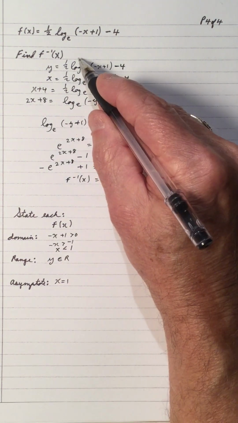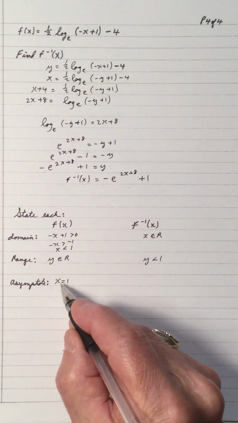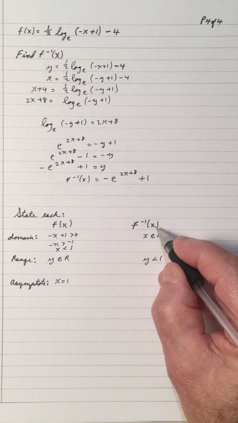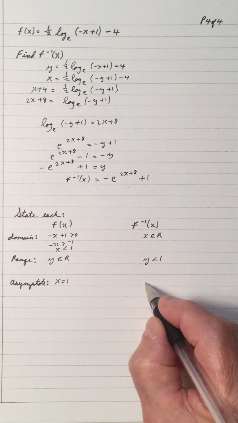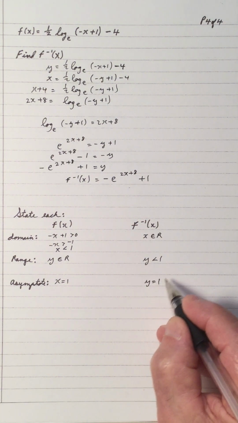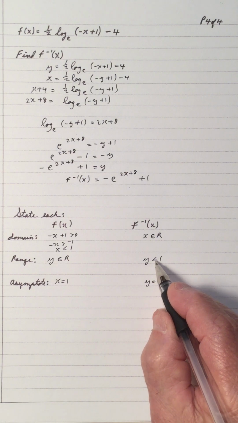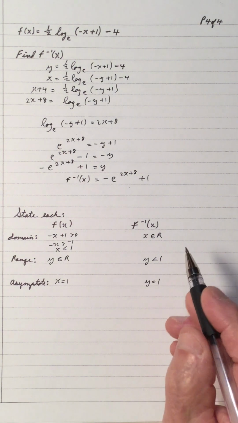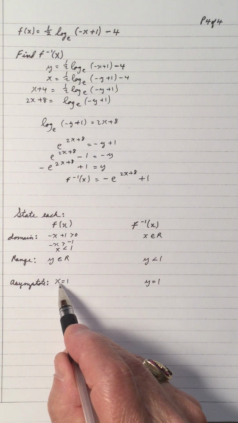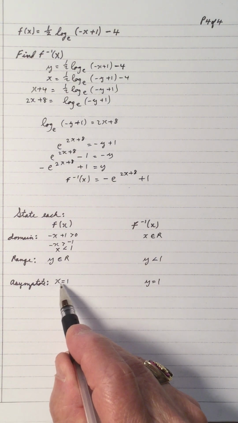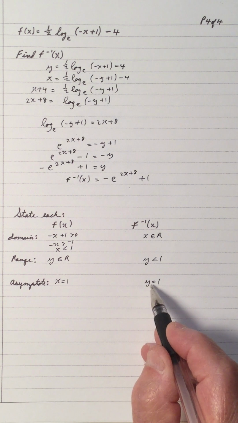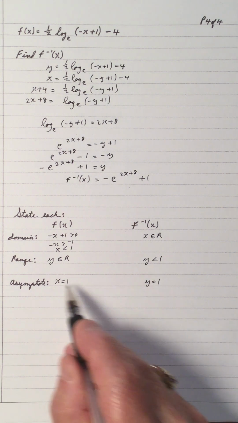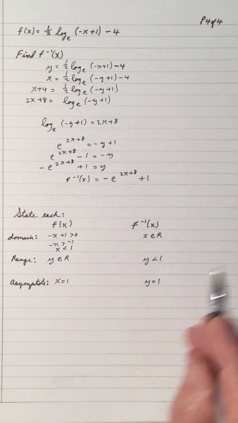In a log, the asymptote is a vertical line. It can be x equals. And in an exponential, it's y equals. So if you're less than 1, y is less than 1 all the time, the asymptote is 1. Again, the asymptote in a log is x equals. The asymptote in an exponential is y equals. So x is changed to y, y is changed to x.